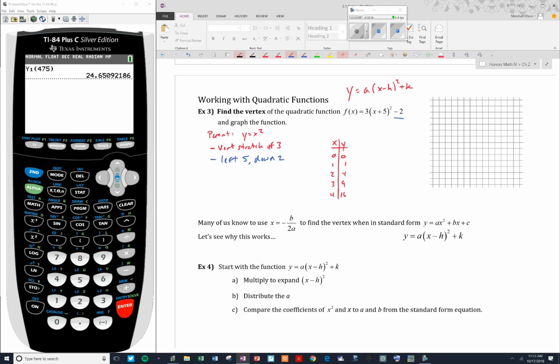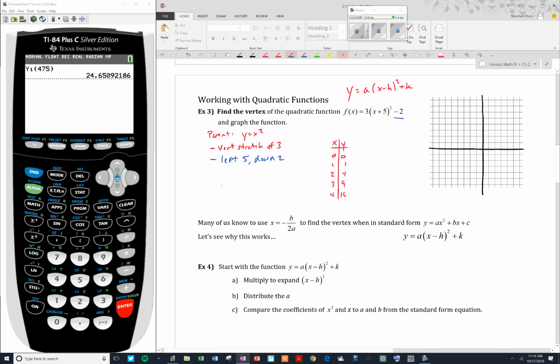In order to graph it quickly, what we do is we actually just go to that vertex of (h, k), or what we did in Algebra 2 is we went to that vertex of (h, k), or in this case -5, -2.